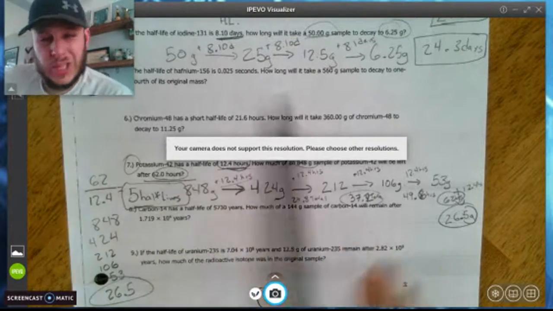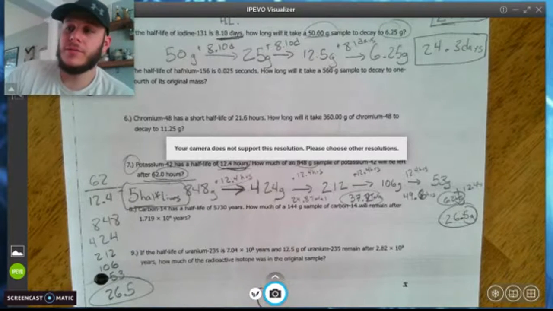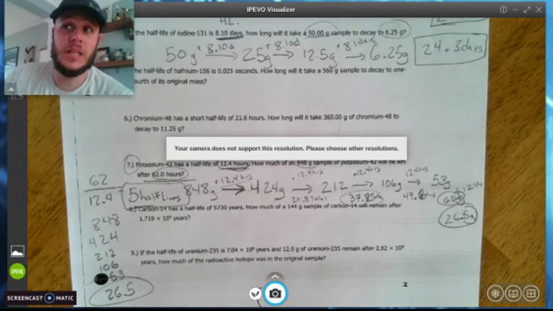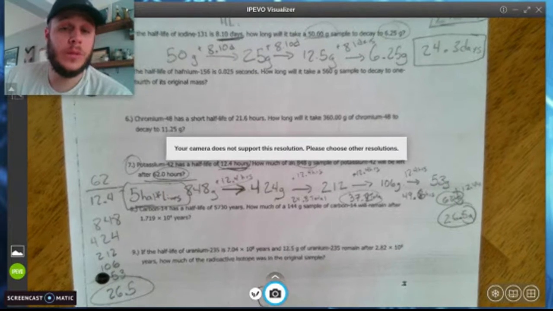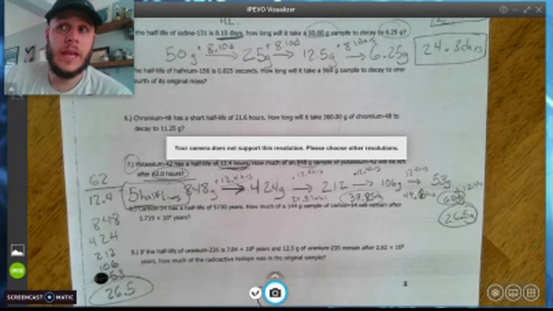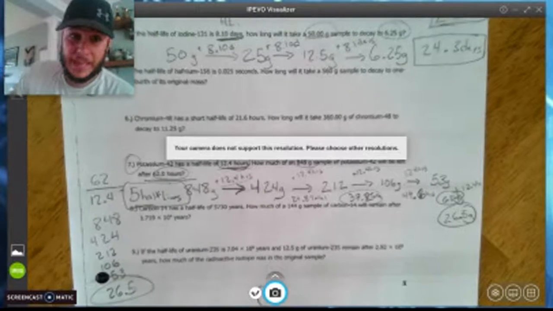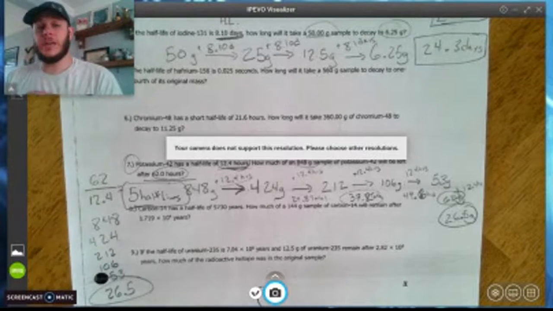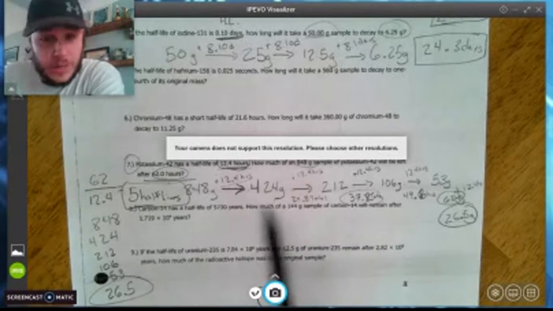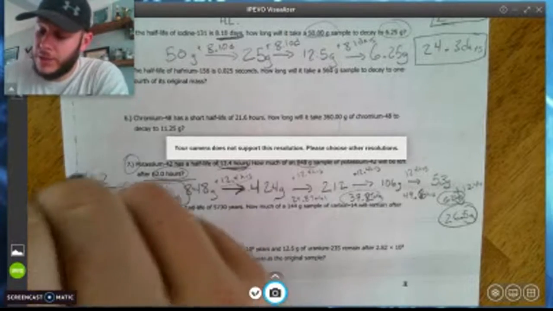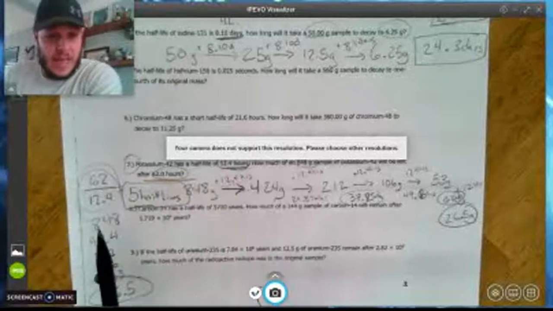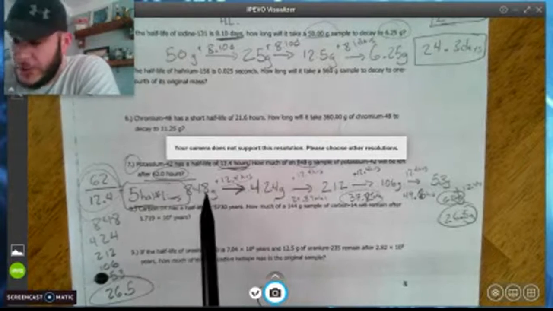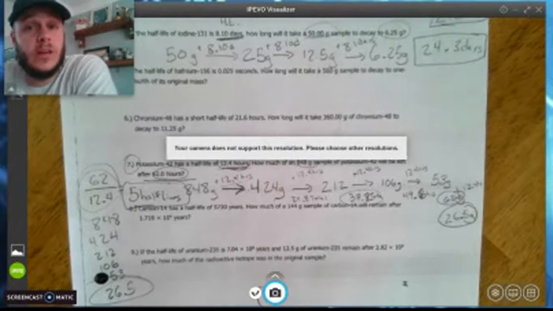But if you logically understand the basis that in X amount of time, half of the sample will disappear, and then at that same X amount of time again, another half will disappear, then you just got to play with the math that you're comfortable with. If you like to draw it out like this, that's great. If you're able to understand the math of total half-lives and go one by one, great. I suggest you do this first till you really do get comfortable with it.